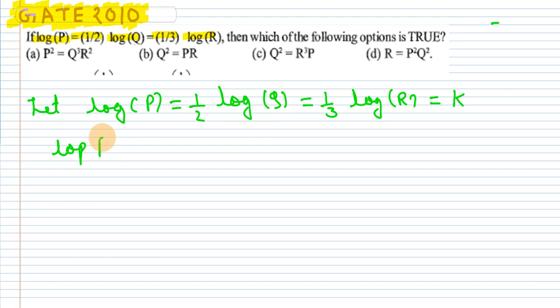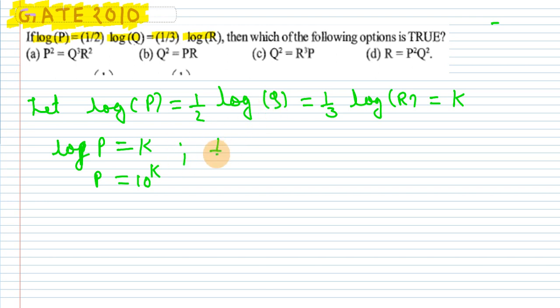So let log p equals k, right? We know the base of the log is 10. If we take the log to the right hand side, then it becomes 10 raised to the power k. So we got the p value. Similarly we will do it with q also.